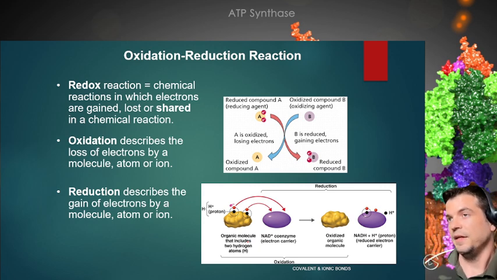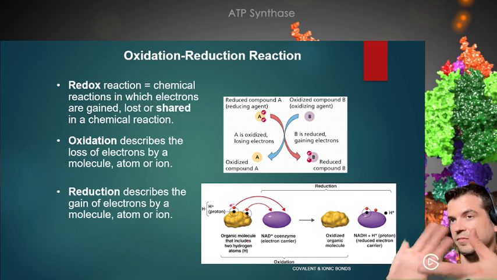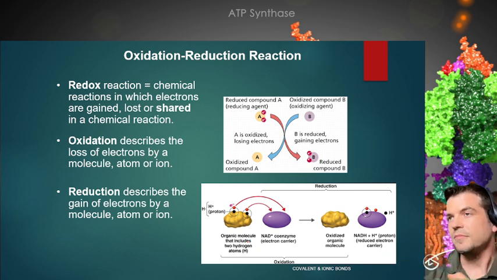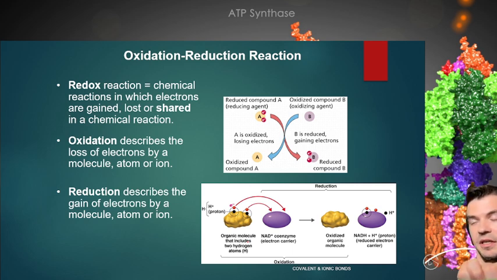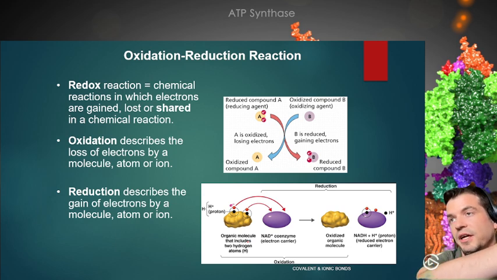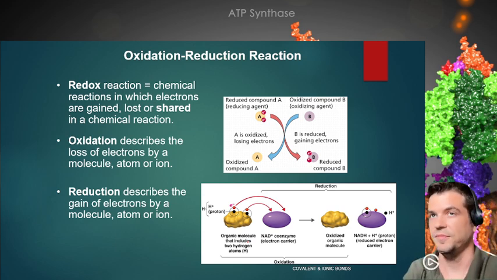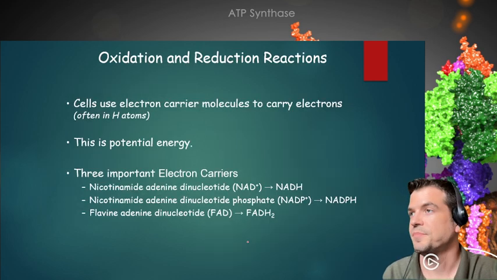Okay, so it's a big flip-flop. If you are the reducing agent, you become oxidized and you reduce the other compound. If you're the oxidizing agent, you become reduced and you oxidize the other compound.